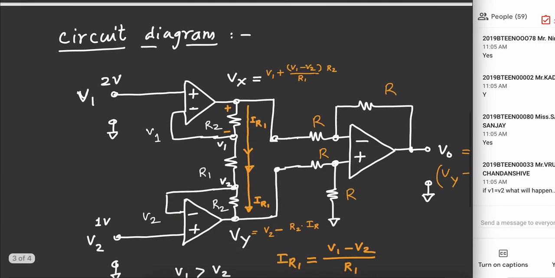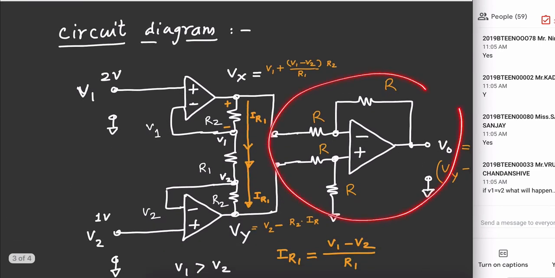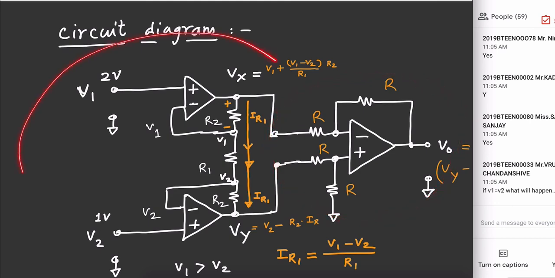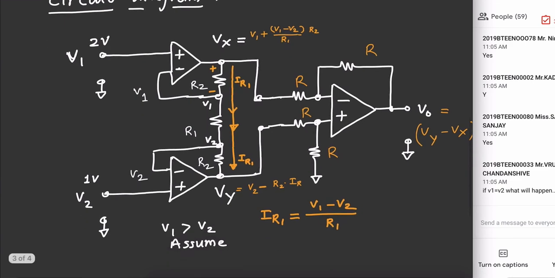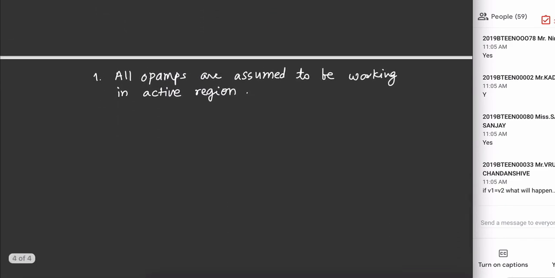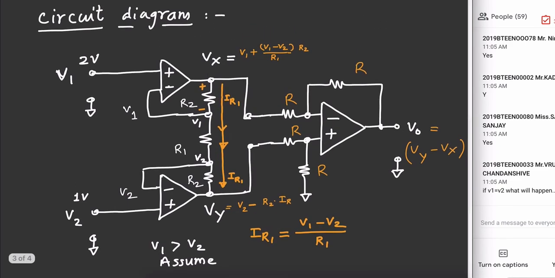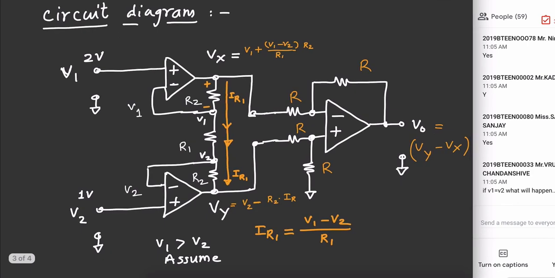Then we used the simple difference amplifier, but we found that it has issues. Then we added this circuit and then analyzed the circuit. Okay, it looks like a complex circuit, but if you follow the same thing that we followed today, there won't be any problem at all. So I hope that you understood this, and I hope that you will be able to do the experiment properly.